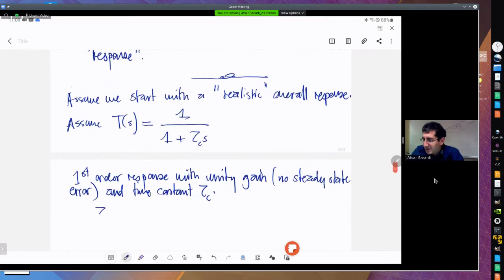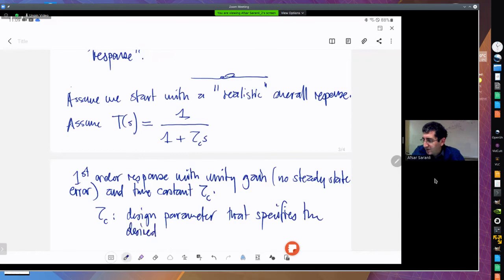Now tau c is a design parameter that specifies the desired response, let's say speed. Obviously the fact that we specify a first order response is also part of the desired response. So we make a decision that we want a first order response, and we also make a decision on how fast that response should be.